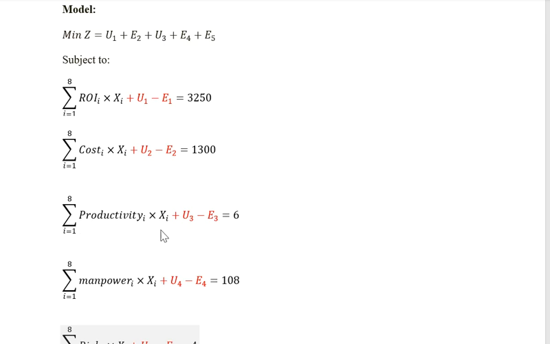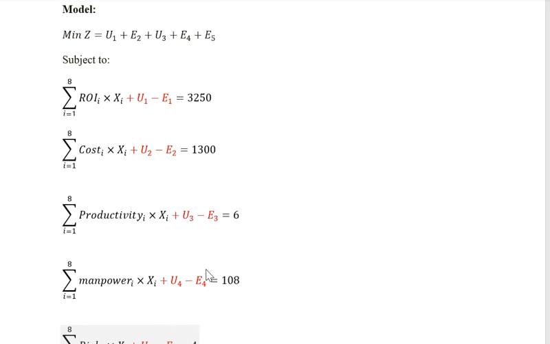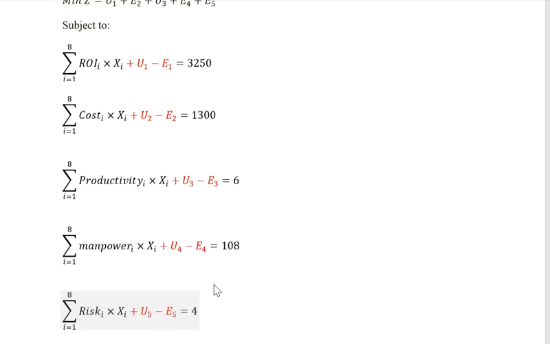We want excess productivity, or the exact same productivity as stated in our goal, but we don't want to fall short of this goal, so we minimize the shortage, U3. For the manpower, we minimize the excess as well, because we don't want to hire extra people, so we minimize E4.